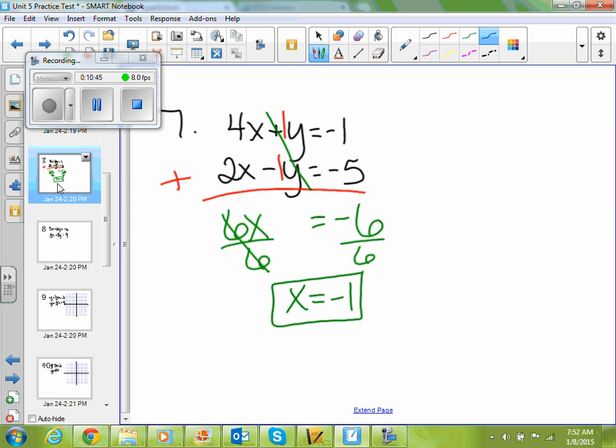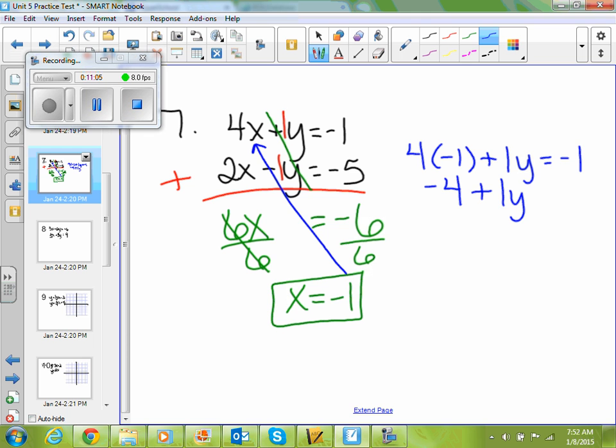And now I need to plug that back into my equation to solve for y. So we'll plug that back into my top equation to solve for y. So 4 times -1 plus 1y equals -1. 4 times -1 is -4.